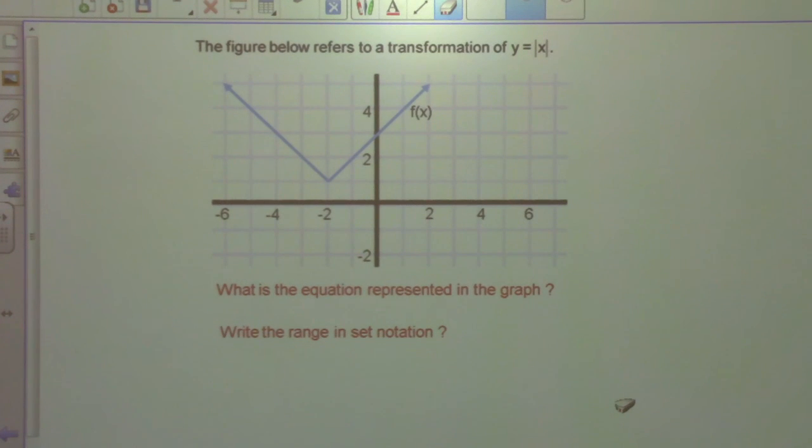Let's go to this one here. The figure below refers to the transformation of y equals absolute value of x. What is the equation represented in the graph? Y equals what?